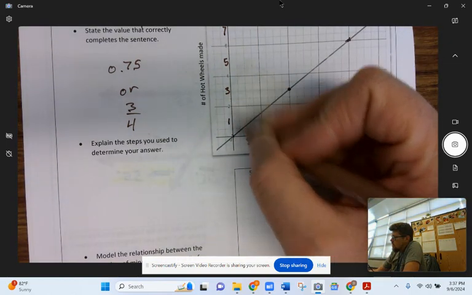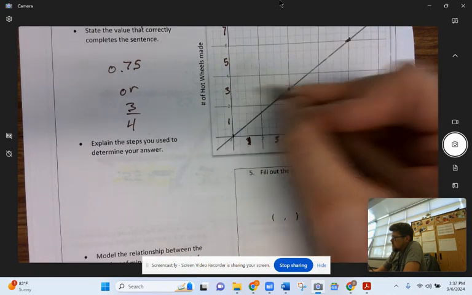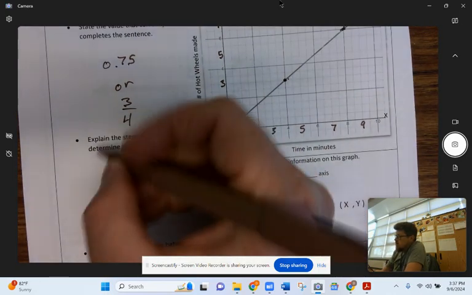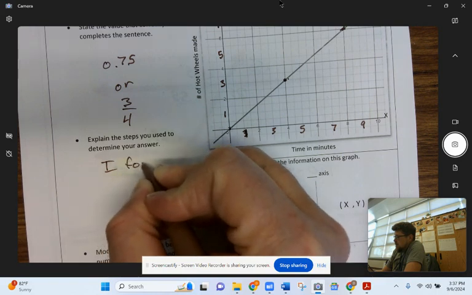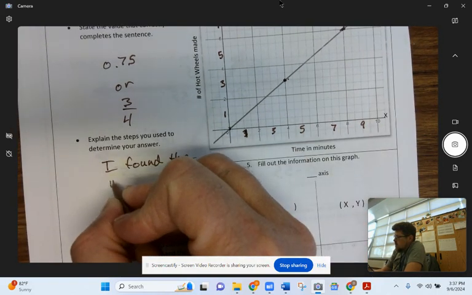I went up from the origin to get to 3, and then over to get to 4, and that's your constant of proportionality. So you could say, I don't know, I found the, let's say unit rate.